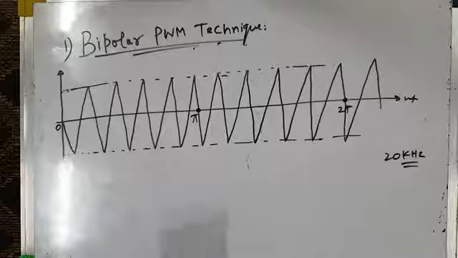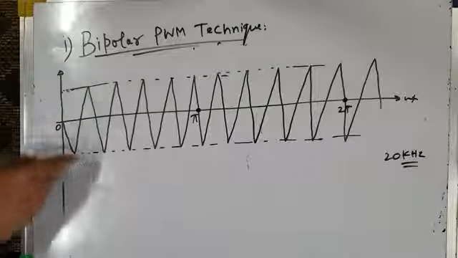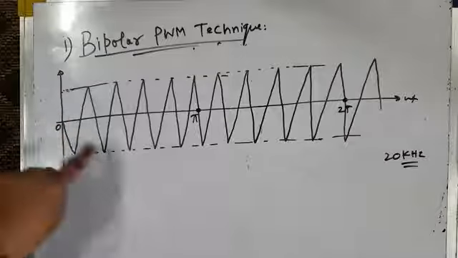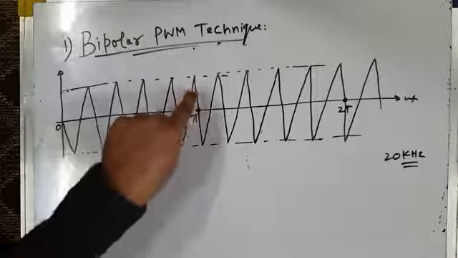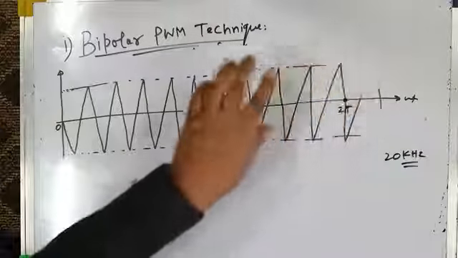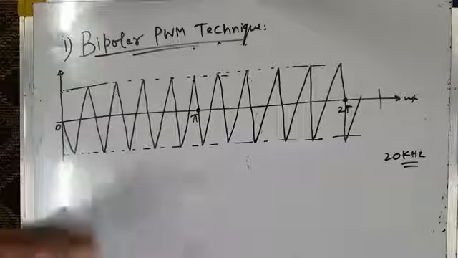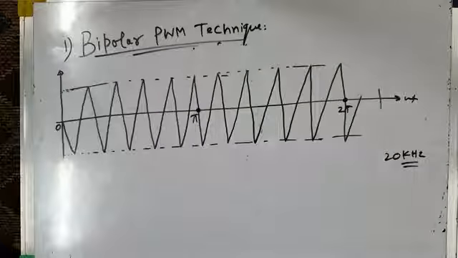We will not be able to see the waveform like this. So for better understanding, I will take only a few cycles, say 5 cycles of carrier wave in positive half cycle, 0 to pi, and from pi to 2 pi, another 5 cycles. Okay, I will stop here for better understanding. But in actual practice, you will have a large number of these triangular carrier waves.